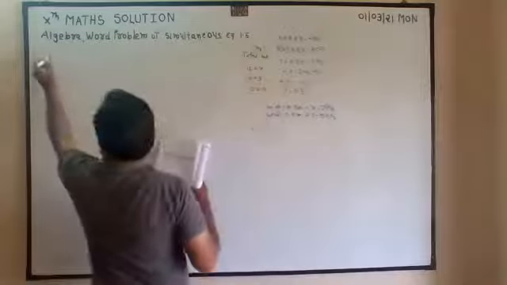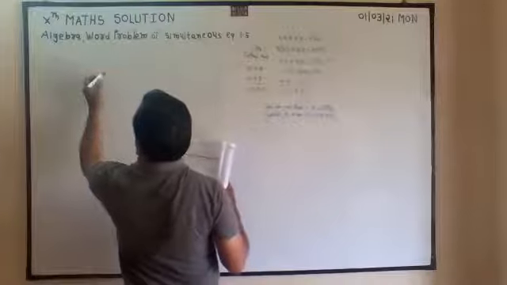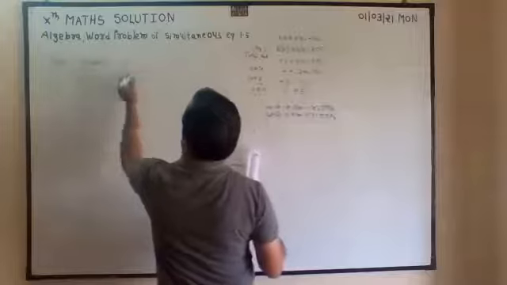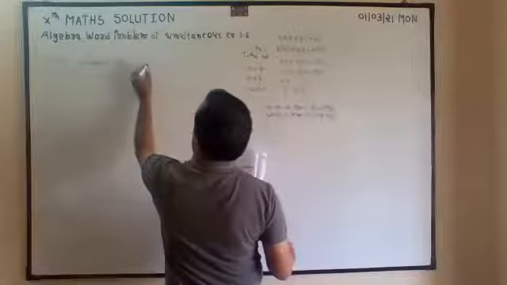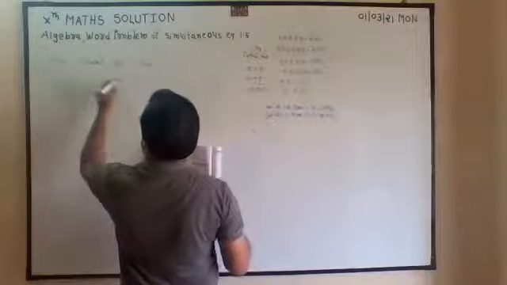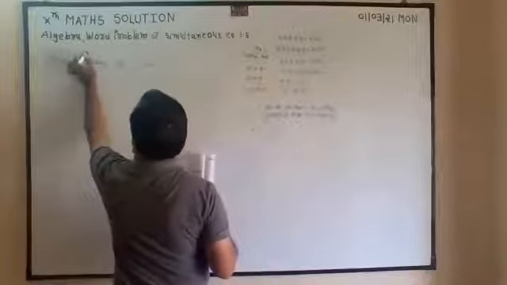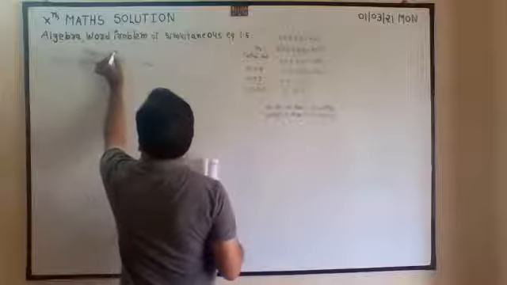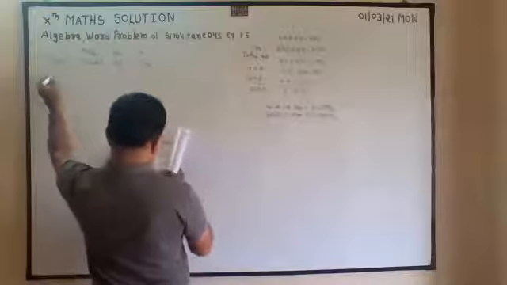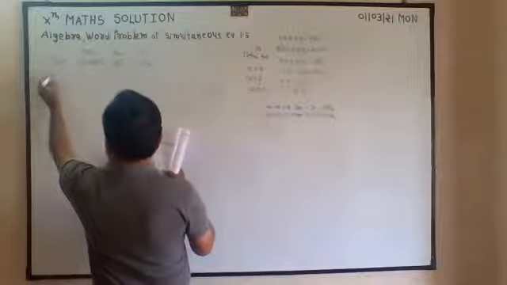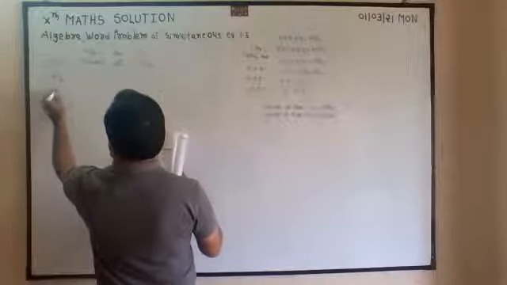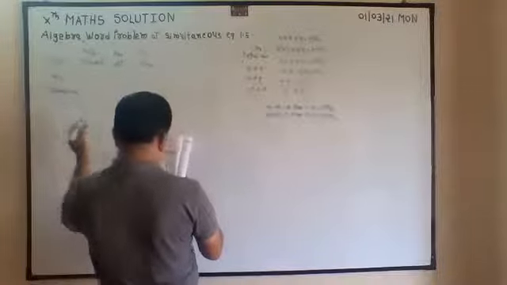So type, speed, distance, time. Find the distance. Okay, speed is always in kilometer per hour, distance in kilometer, this is hours. This is by bus, this is by aeroplane.